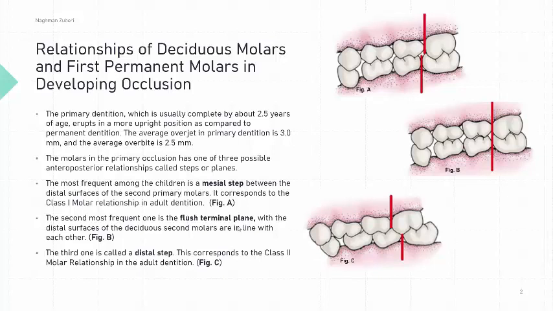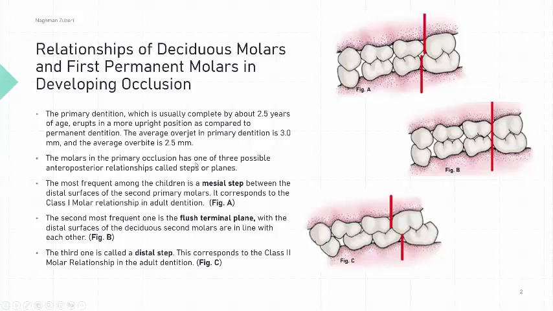It erupts in a more upright position compared to the permanent dentition, and the overjet in primary dentition is slightly more than 2 millimeters but less than almost 4 millimeters when the child is growing normally. The average overbite is 2.5 millimeters.